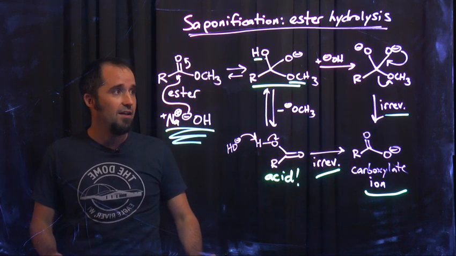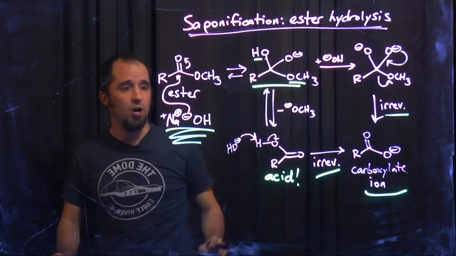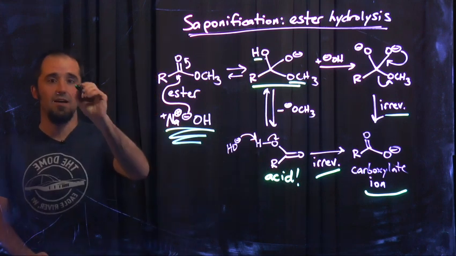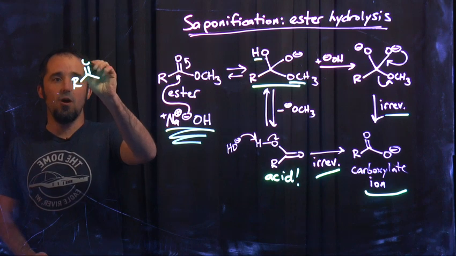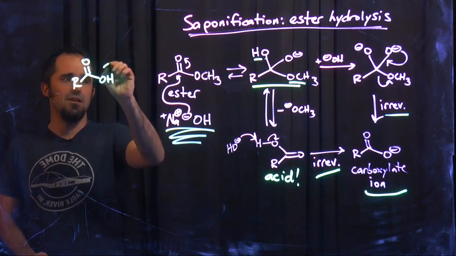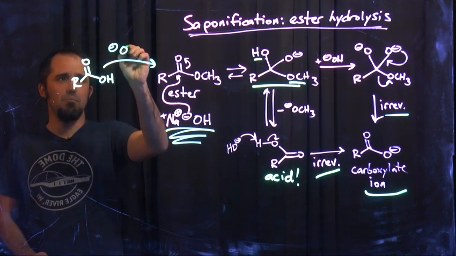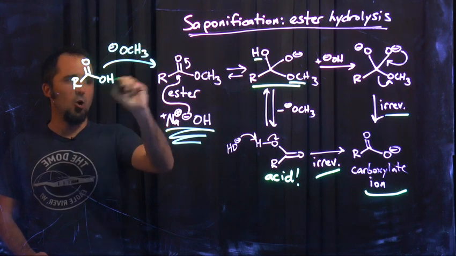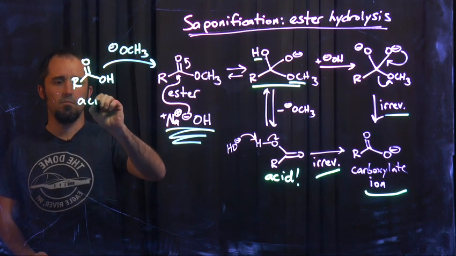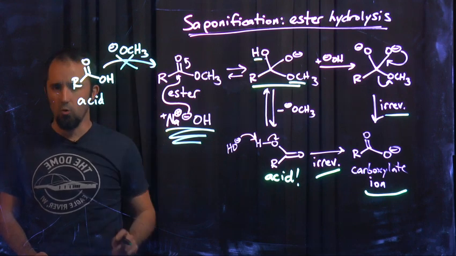So there's no way that I can get back from the carboxylate to the ester, which is to say, I cannot start with the carboxylic acid, give it, say, methoxide, and go to the ester. That won't work.